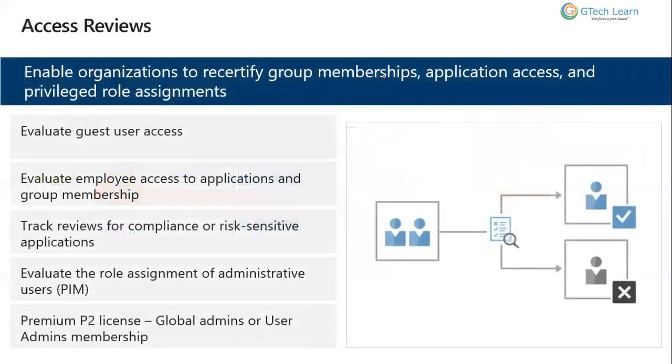Moving ahead and talking about the access review. That is a really important thing. By using the access review, we can review the access of the users, and accordingly users can maintain their access, and we can provide the specific access to the users only.